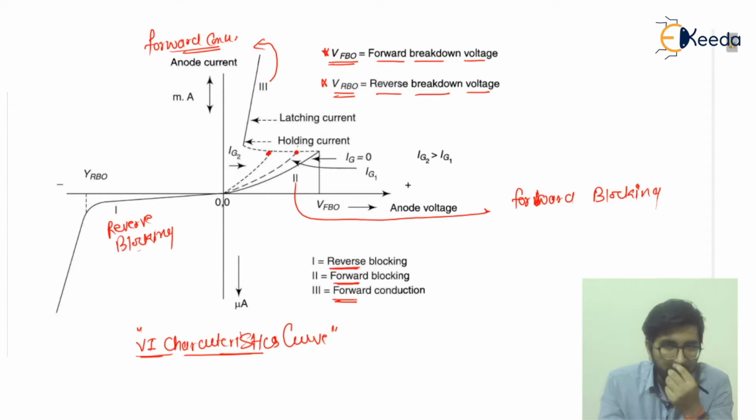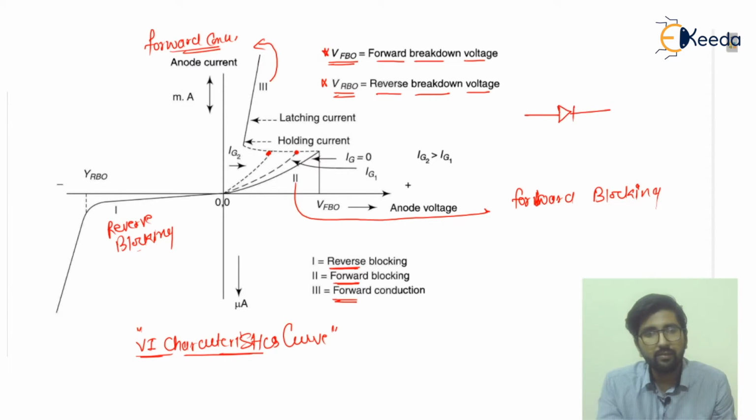Ig means the current in the gate circuit, the gate terminal. So we have a circuit like this with this gate terminal. This is anode and this is cathode. So this is the gate terminal. We will apply the gating circuit, or you can say the gate current, the gate signal.